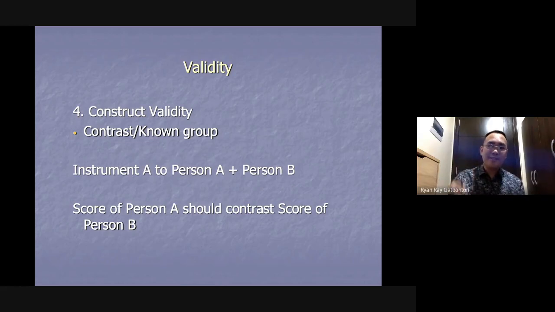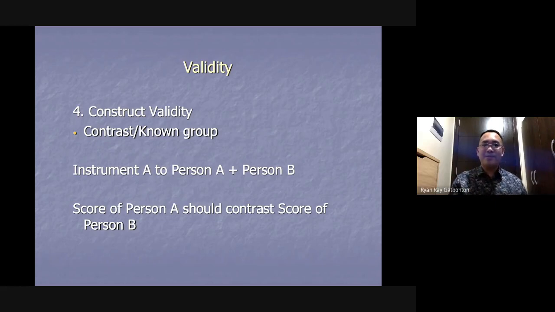If you contrast it with another group, let's say for example, those who are physically disabled, so yung physical functional ability nila can be scored low because they have handicap, or they are handicapped.